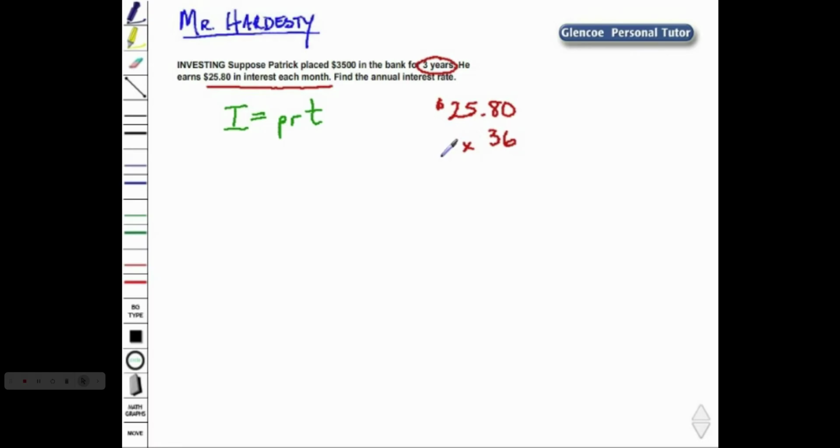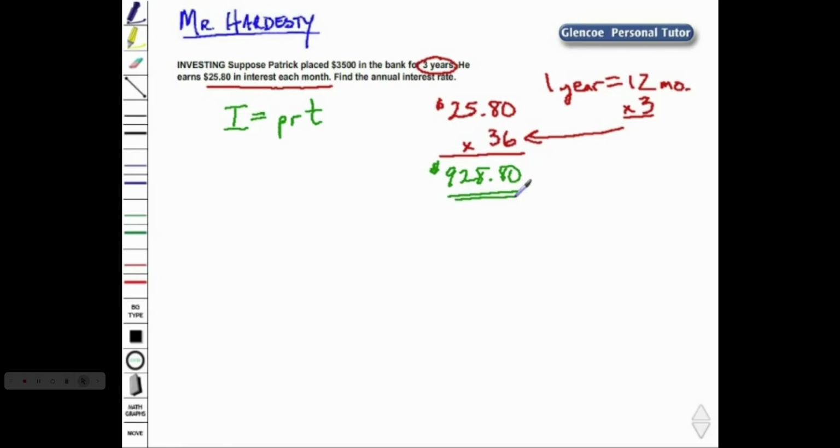Now, where did I get 36? 3 years, we know 1 year is equal to 12 months. So 3 years, 3 times 12, and there's our 36. When we multiply those, we get $928.80. There's interest for that whole 3-year period.